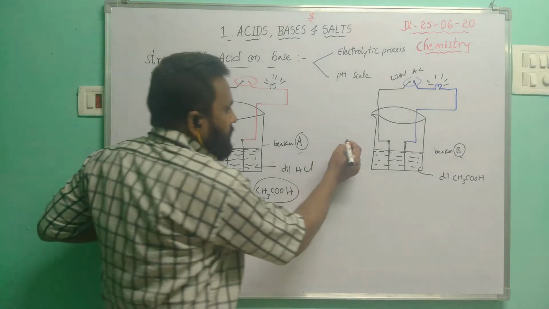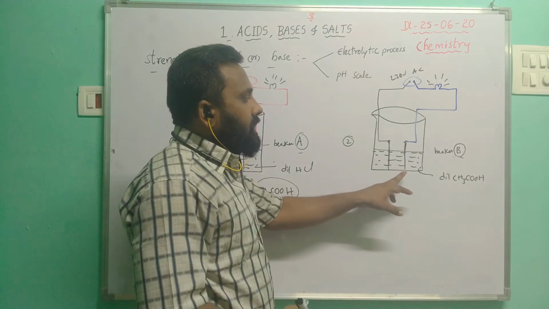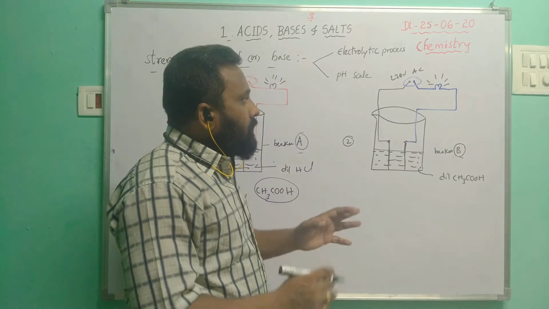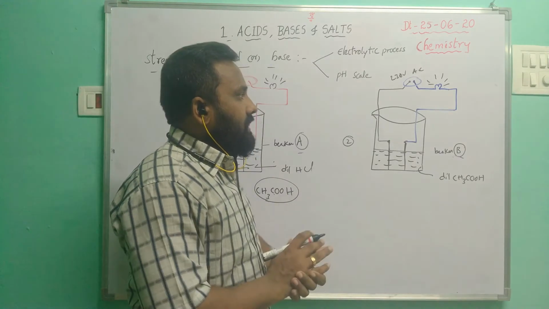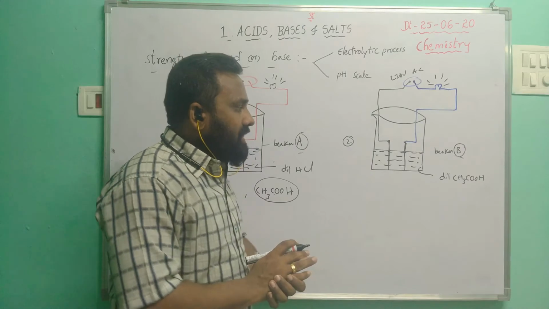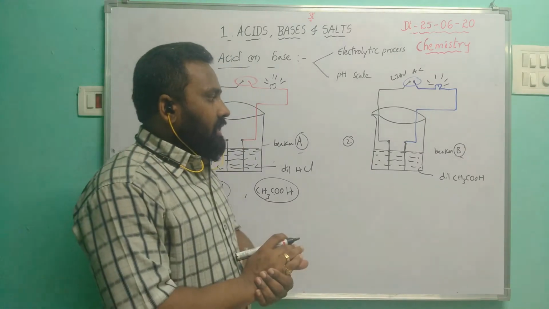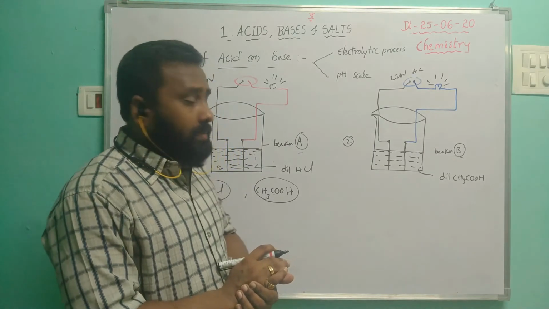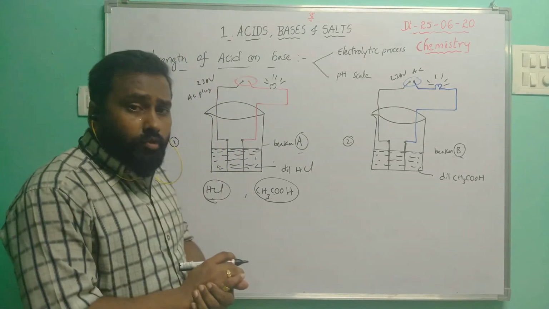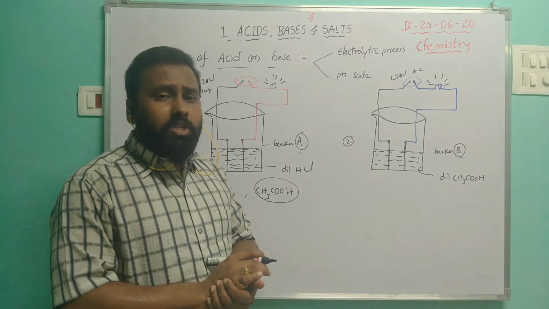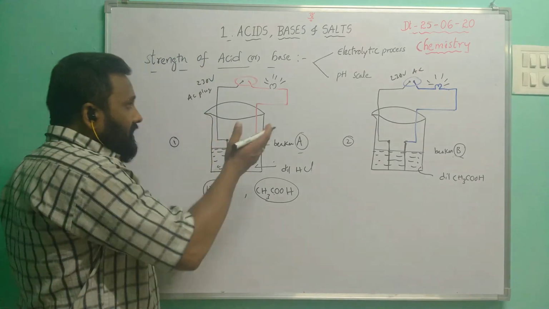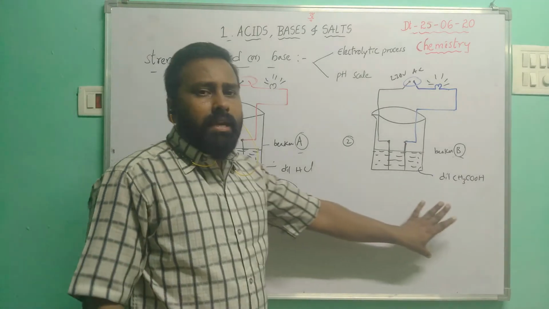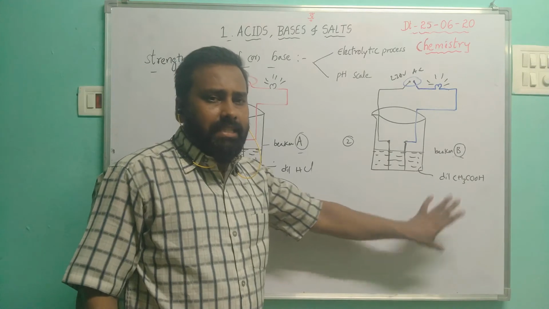In the second case, when you take acetic acid, the bulb glows with low intensity, because CH3COOH contains fewer H3O+ ions. Which one is the strong acid? The one which contains more H3O+ ions. So HCl is strong compared to dilute CH3COOH, acetic acid.